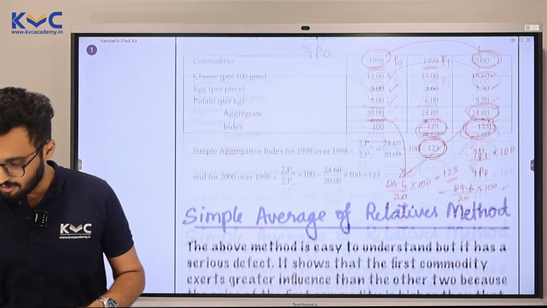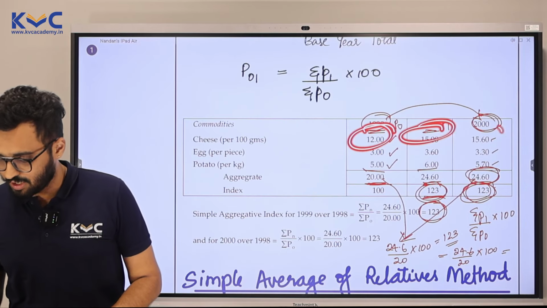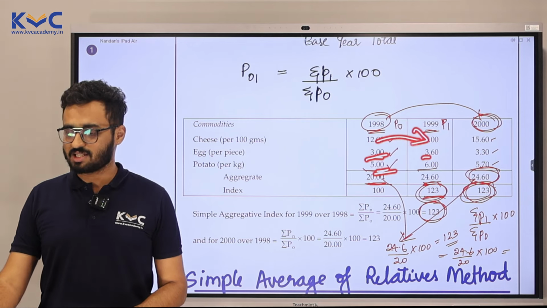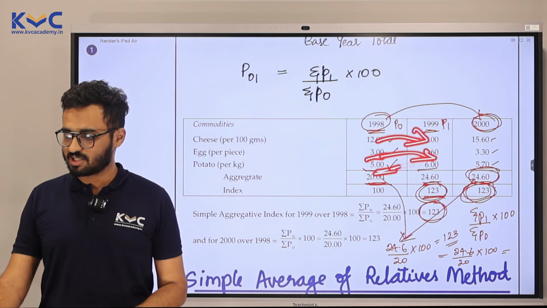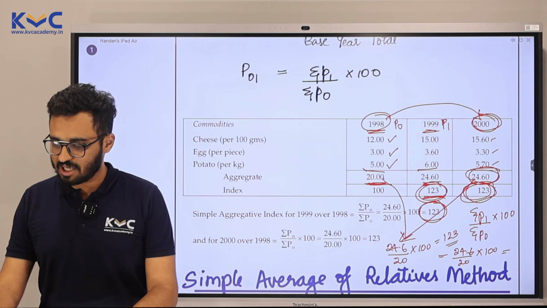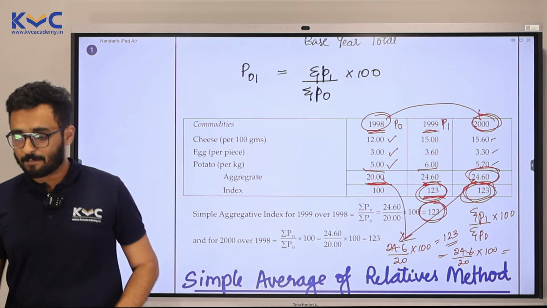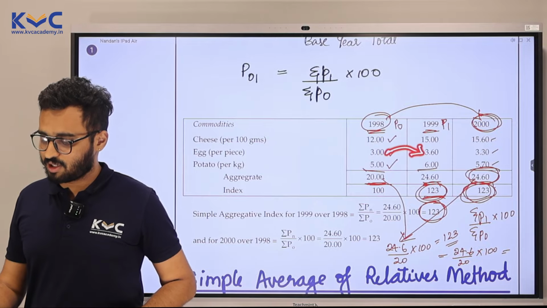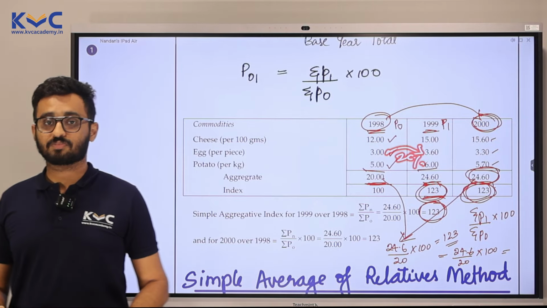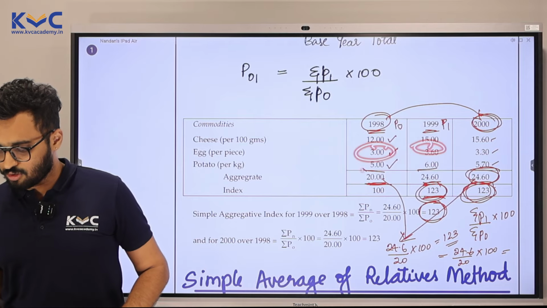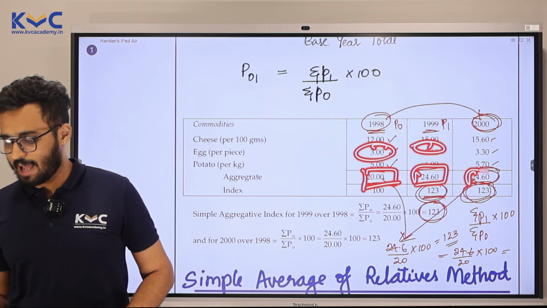If you observe, 12, 15, 15.6. The other numbers are 3, 5. So what change has happened here compared to what change is happening there? From 12 to 15, you may feel it is 3 rupees, oh my god. But here from 3 to 3.6, there is a 20% jump. Are you observing? Just because the numbers are small, they are being ignored when the totaling happens.